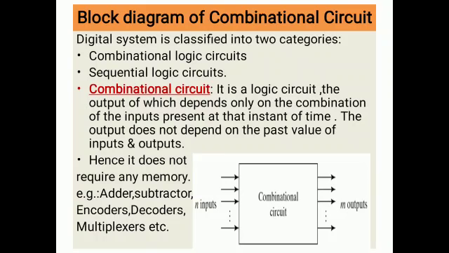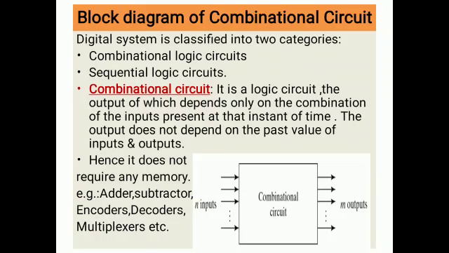A combinational circuit is a circuit in which the output depends only on the inputs present at that instant. The output does not depend on past inputs or outputs, so this circuit does not require any memory.